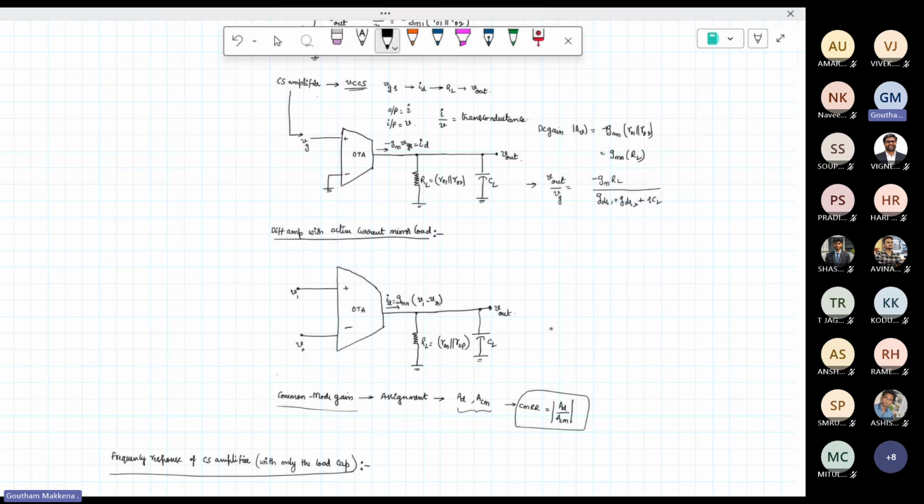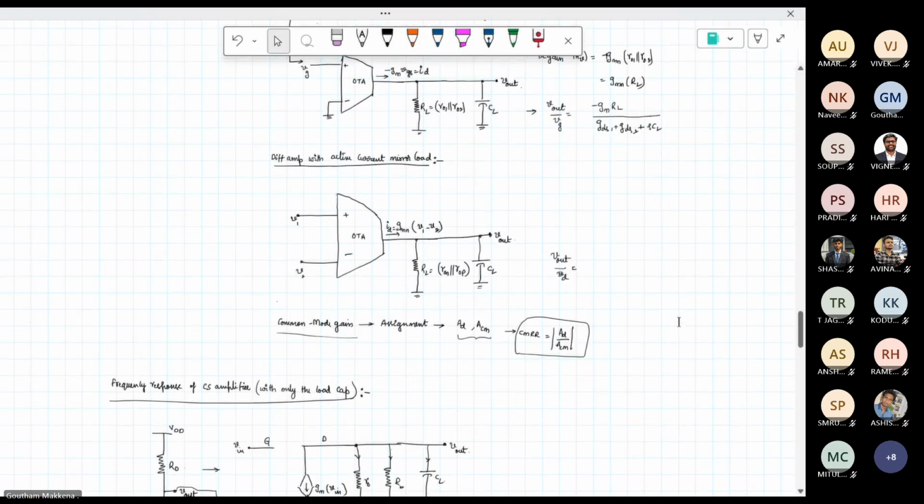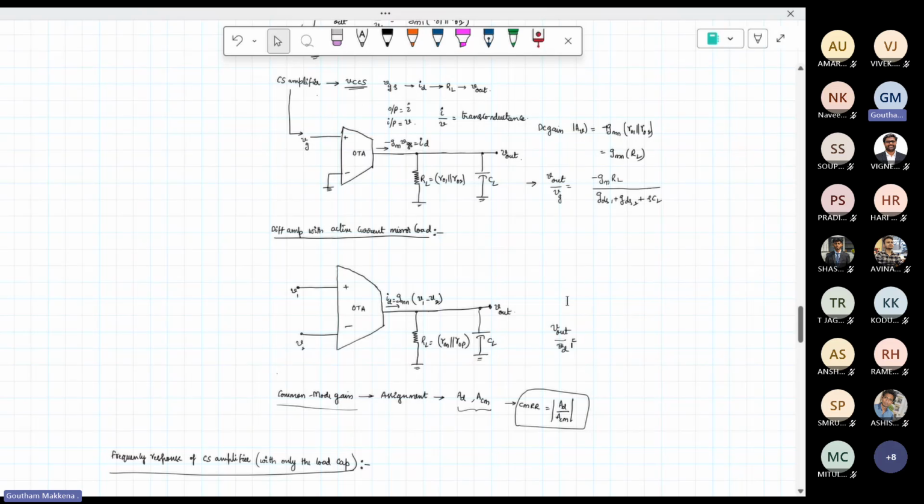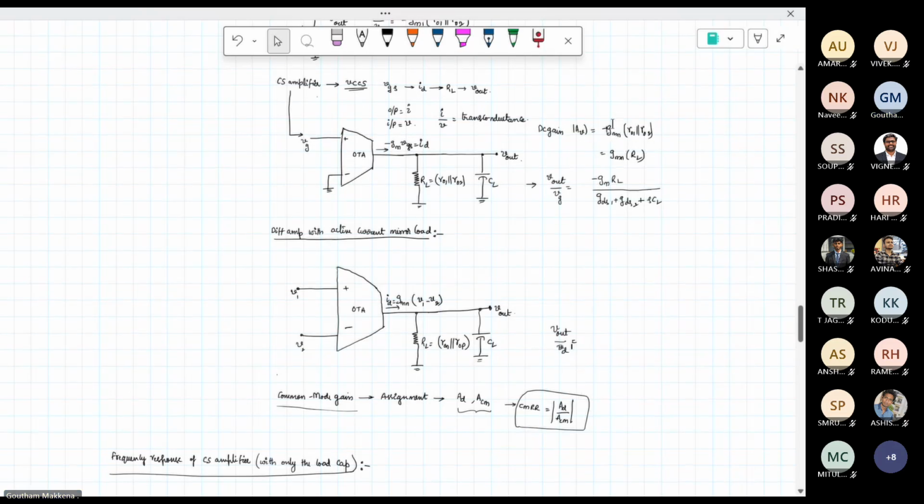So what will the transfer function here be? V out by VD, the differential gain anyways. What will this be equal to? Is there any difference between these two? What is the DC gain? See? Minus GM R01 parallel R02.